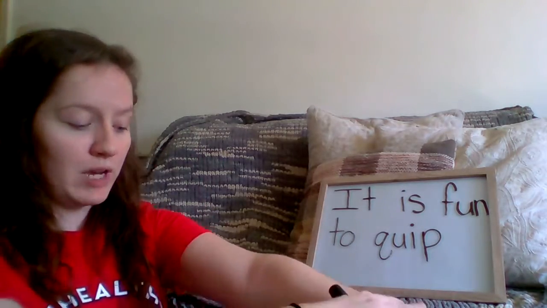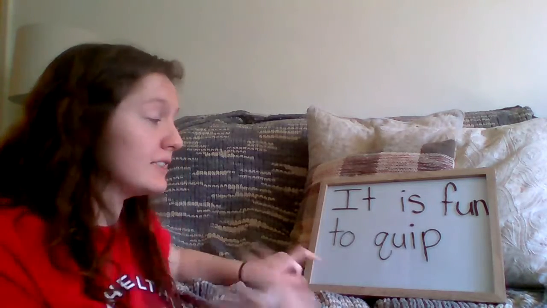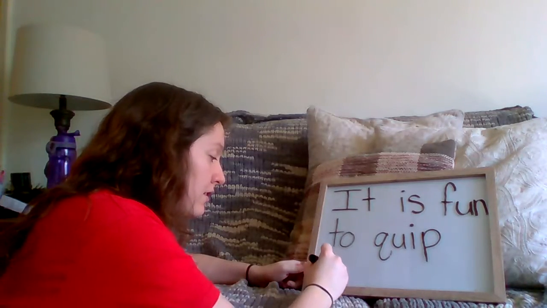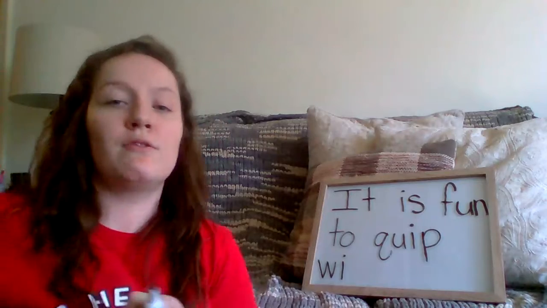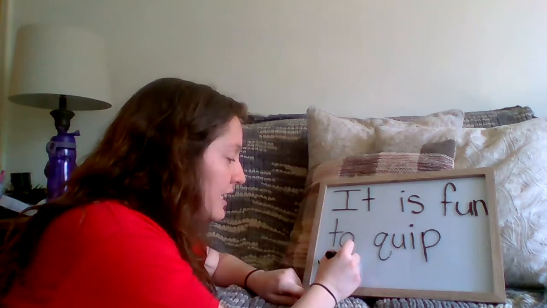W-I-T-H spells with. So first letter is a w, and that is a W. I. This is a tricky one, so if we're sounding it out, look for my mouth. Which is a T-H.